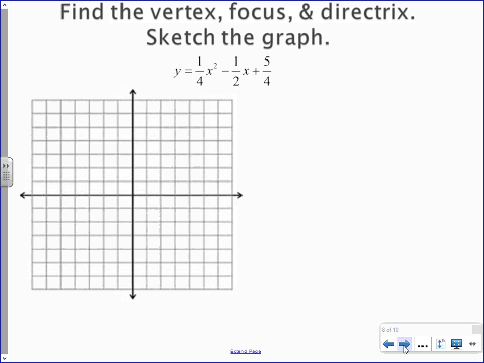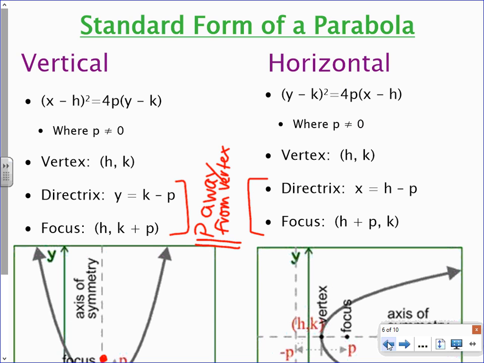Okay? Now, in order for us to have it like this, we're going to have to complete the square, which is why I went over that right there. Okay? This is also what I want you to notice. The coefficient is going to be with the non-squared term. And we only want x minus h squared over here. Everything else is moved over.